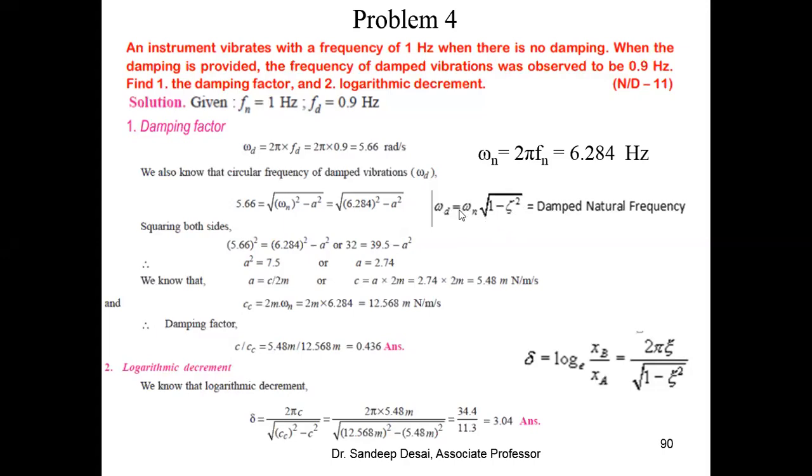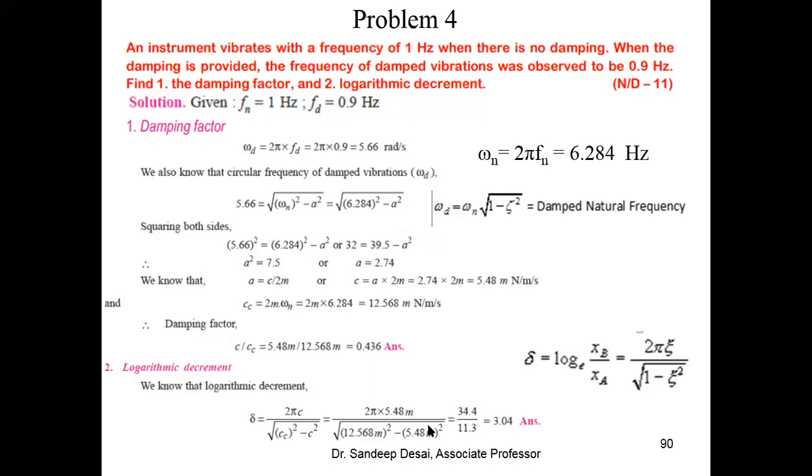Calculate zeta. Omega d is known, 5.66. Omega n is known, 6.28. Calculate zeta and write down in the chat box. What is the answer for zeta? What is the value of zeta?